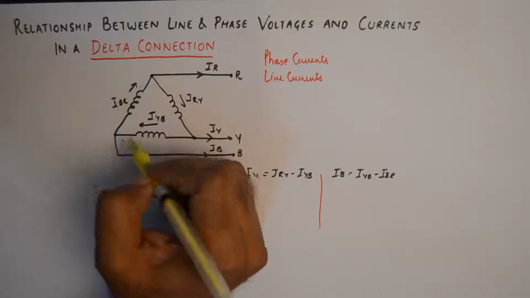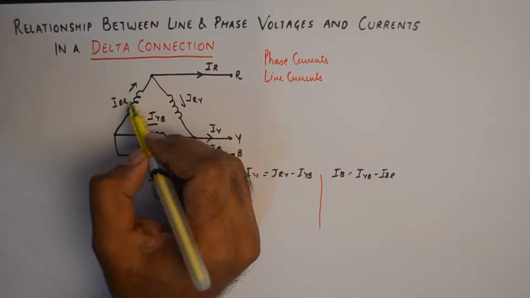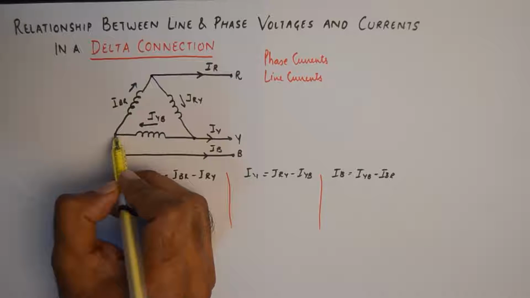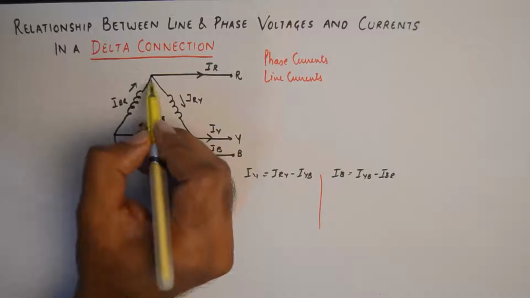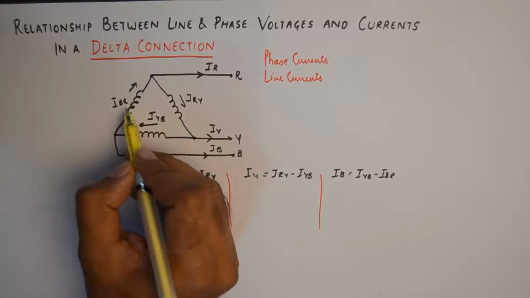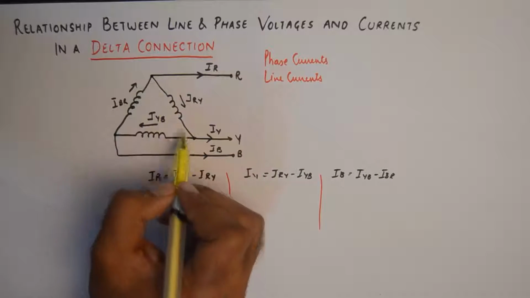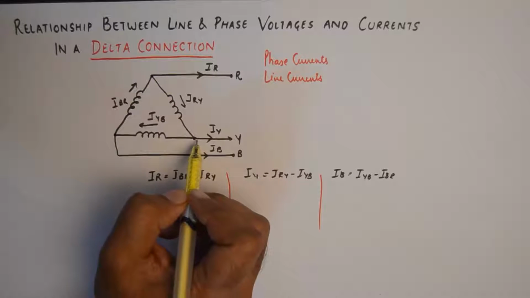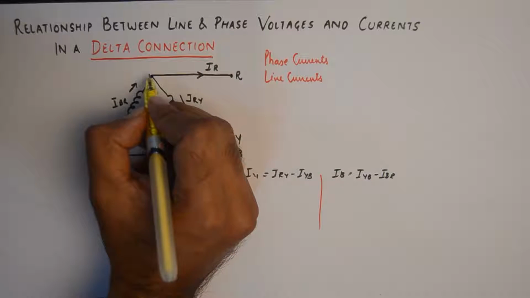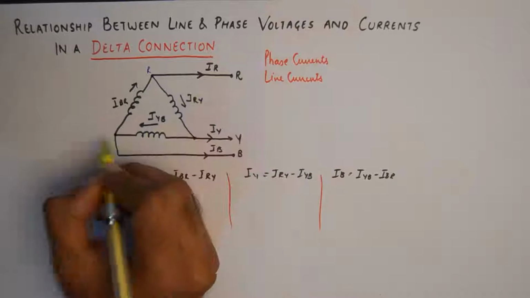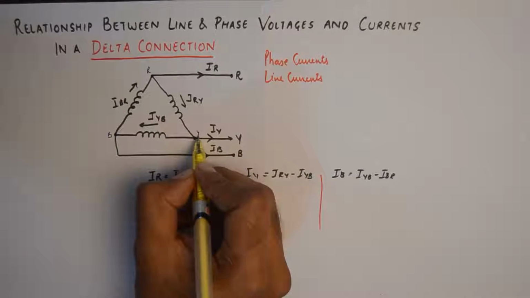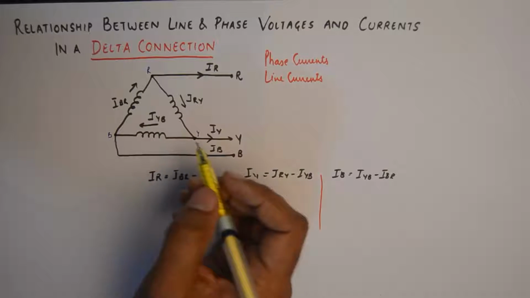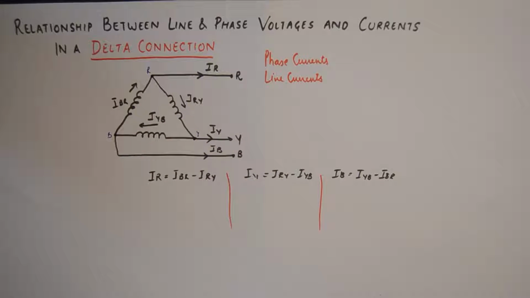The reason they are phase currents is because this current is flowing between the points of phases blue and red, which is denoted by IBR, and this current is the current flowing between the phases red and yellow. So if I label this point as R and this point as B and this point as Y, the currents flowing in these branches will be the phase currents.